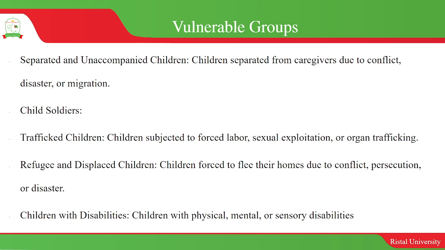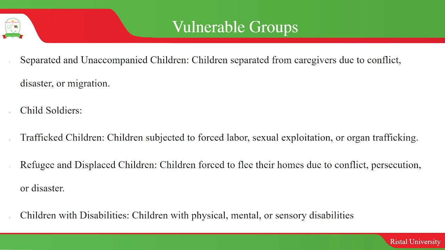These are children who are separated from their caretakers or their parents, and are staying alone, or children that have run from a place of conflict and have been separated from their parents. So these migrations, these disasters, these conflicts make them move. When they move unaccompanied, it places them in a difficult situation where there is no caretaker.